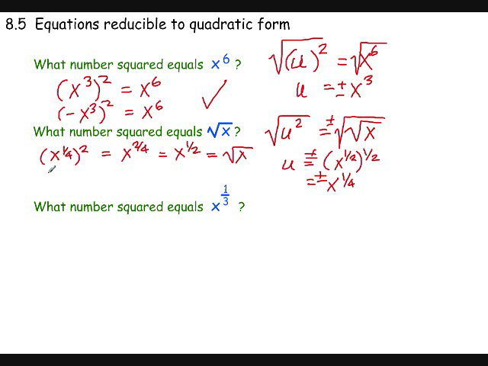If I have negative x to the 1/4 and I square it, this coefficient of -1, when I multiply it times itself, becomes a positive, and I end up in the very same place.